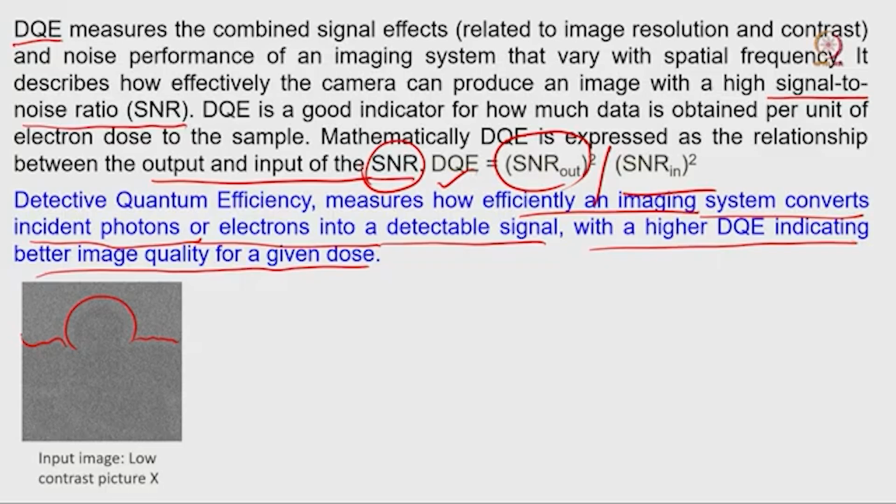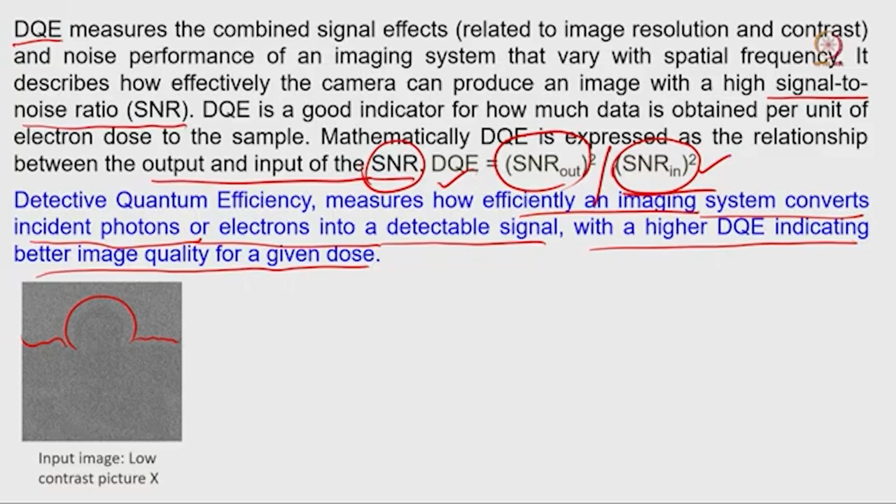But in this particular image, if you look carefully, some signal is there, but the noise level is so high. In this formula, there is SNR in and SNR out. Definitely SNR out and SNR in are almost equivalent, or SNR out is somewhat lower, and that is the reason we cannot see the proper signal.